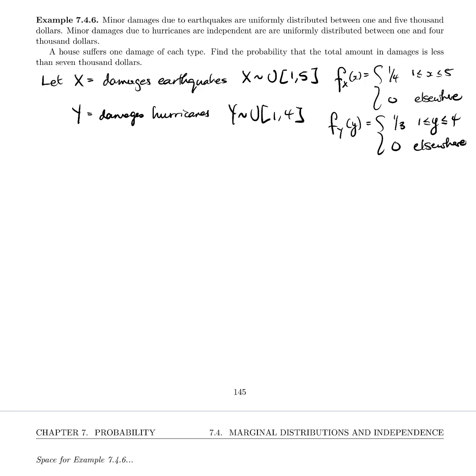Now we are told that these two variables are independent, which means that we can create their joint density. So their joint density is going to be the product of their marginal densities.